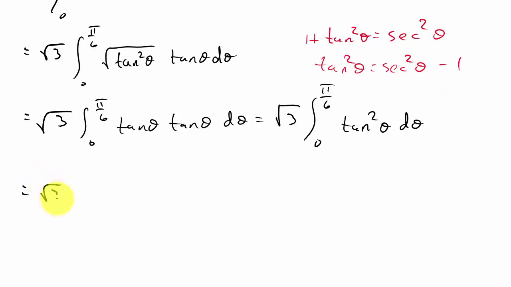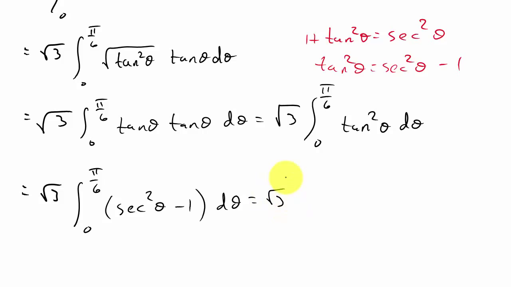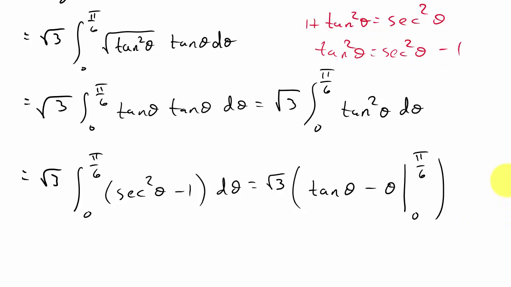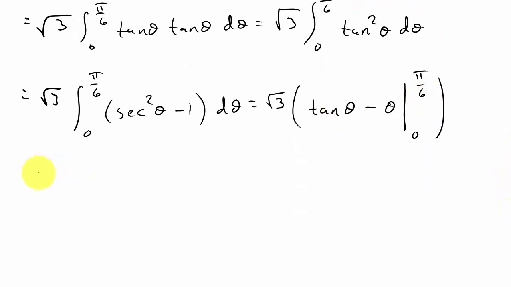So this is going to be square root of 3 from 0 to pi over 6 of secant squared theta minus 1 d theta. Okay, and now if we integrate, that's going to be square root of 3. And then when I integrate, I get tangent theta minus theta, and I'm evaluating that from 0 to pi over 6. Okay, so now let's plug this in.